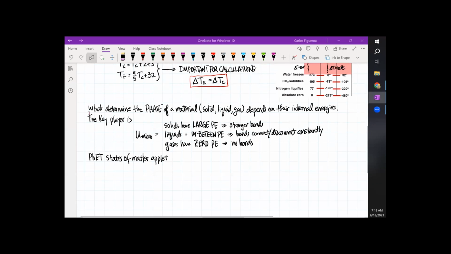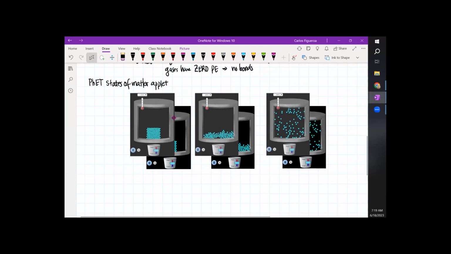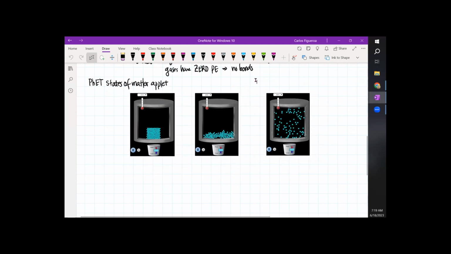Now, what I want to do here is that I took images of these, and so I want to copy them. So here are my images of all three states of matter. So I'm going to paste this in. And what you're seeing here is that this is a solid, this is a liquid, and then this is a gas.